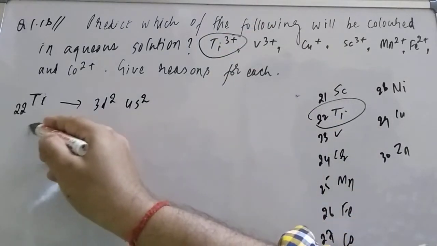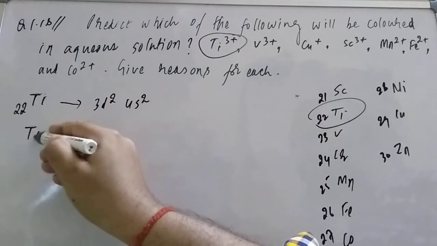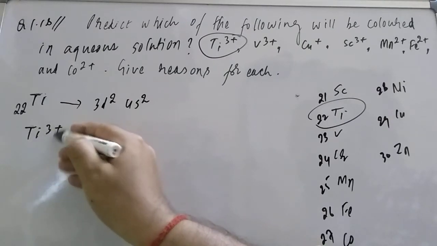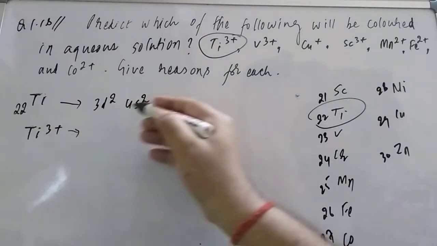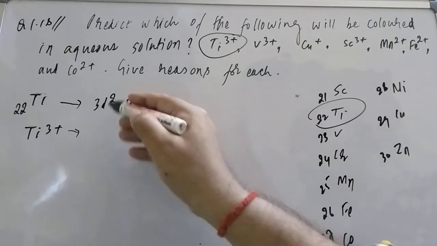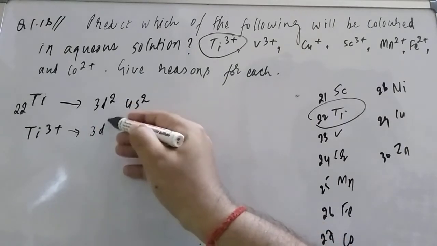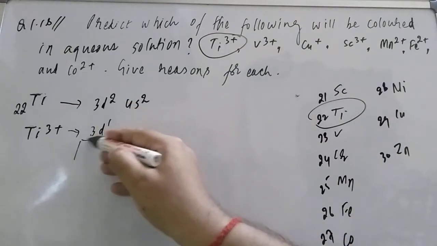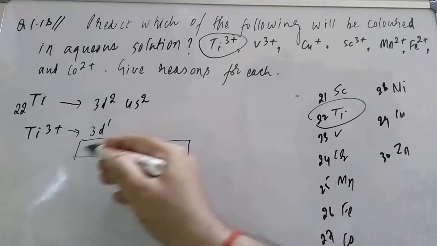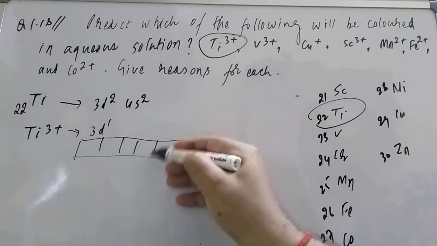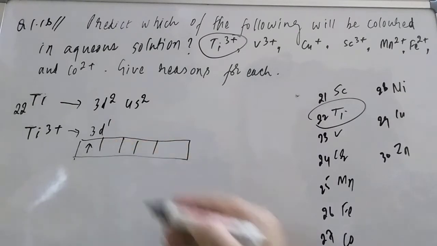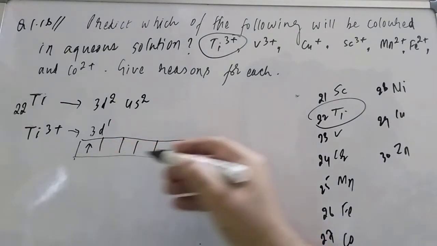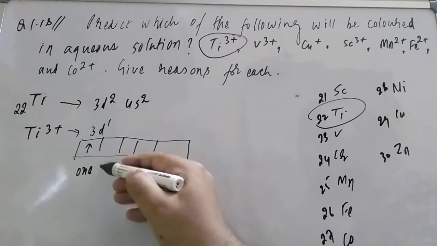Ti3+ means 3 electrons will go, 2 from 4s and 1 from 3d. So the configuration left is 3d1. Check how many unpaired electrons there are: there is one unpaired electron.